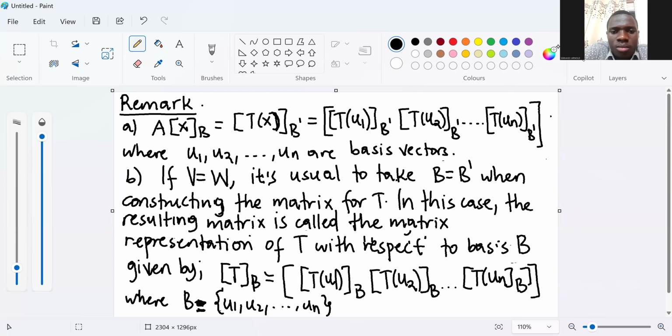Now I take an example on how such a matrix can be computed.